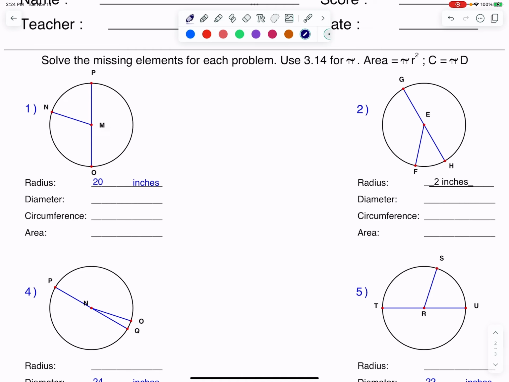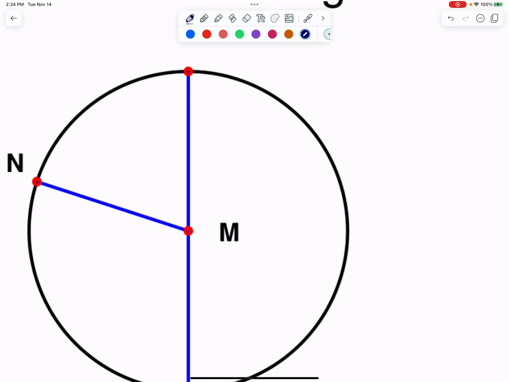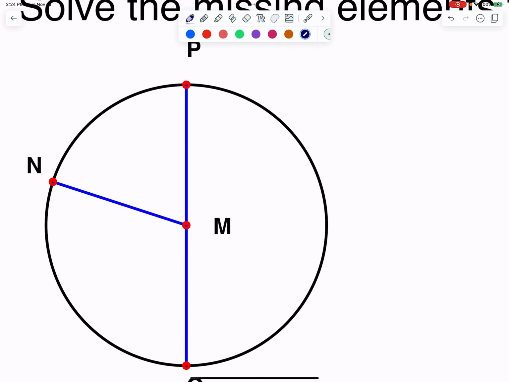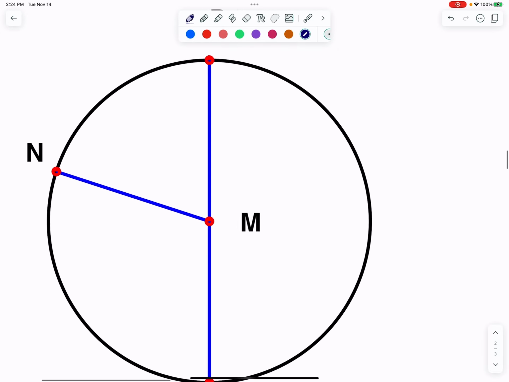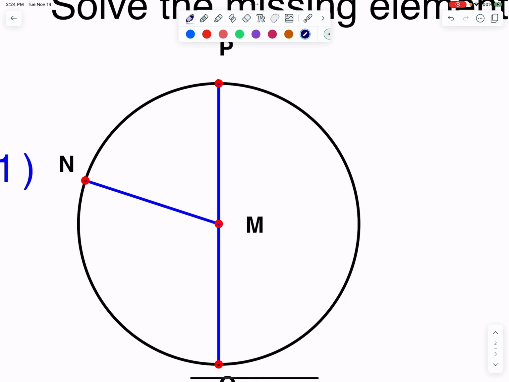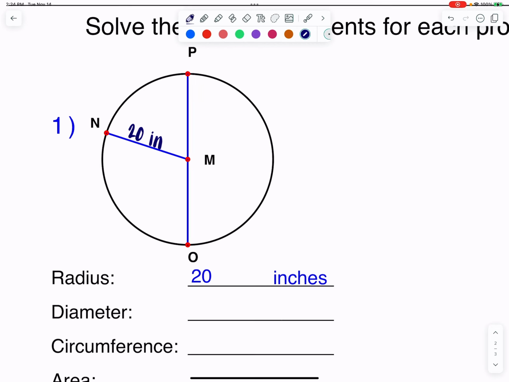Here, they are telling us the radius. So I'm going to go label my picture. That was one of the big things I was taught to do when I was in school, and it has served me well. So I'm going to continue with that habit. Radius is 20 inches. Well, radius is a shorter word than diameter. So that means it's the shorter piece. So I found the radius.